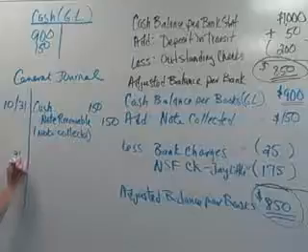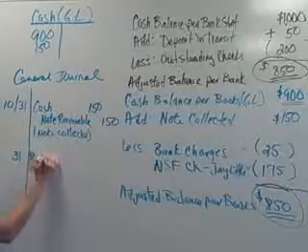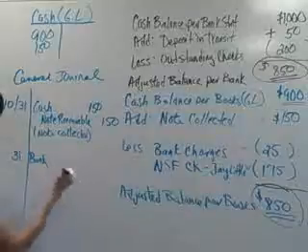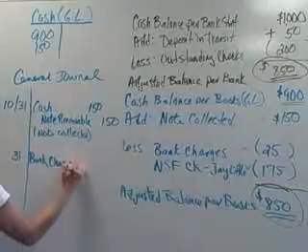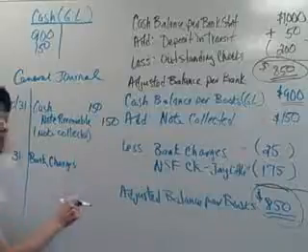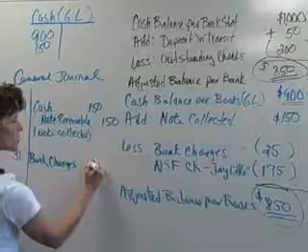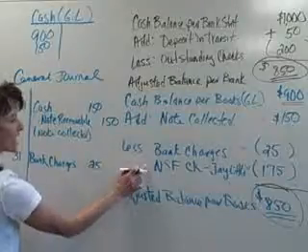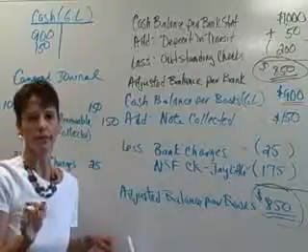The next adjustment we might need to make is for these two subtractions. So we skip a line. The first one was for the bank charges, so we're going to call it bank charges, or bank charges expense, or bank service charges. Since I don't have a lot of space, I'm going to call it bank charges. And our bank charges were $25. We also had an NSF check. We do not have an account called NSF check.